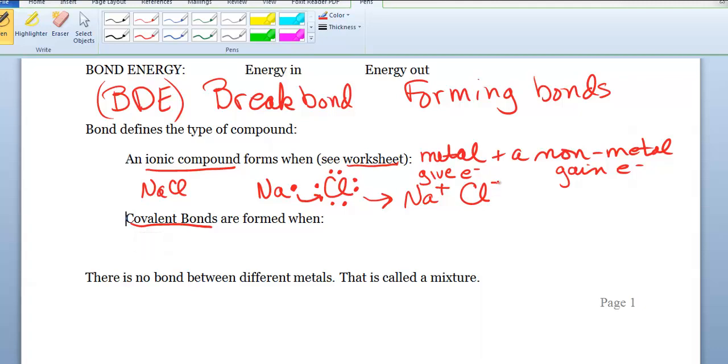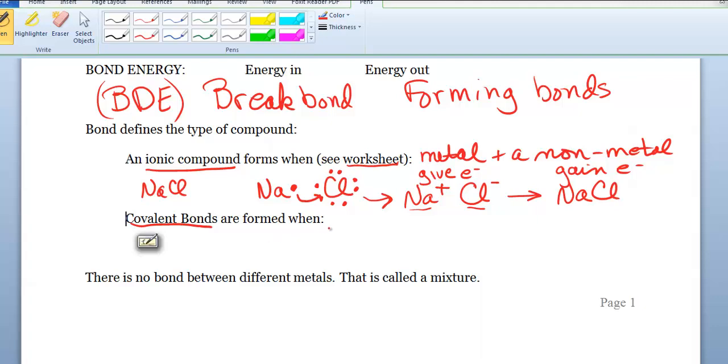Sodium becomes a positive 1 ion, chloride becomes a negative 1 ion, and the charges add up to equal 0, and that's important. That's a valid ionic compound when the charges add up to equal 0, and we get sodium chloride.